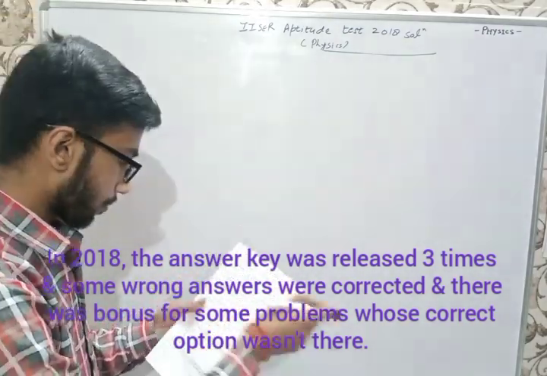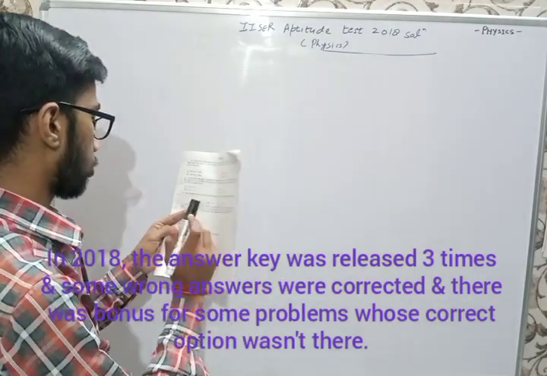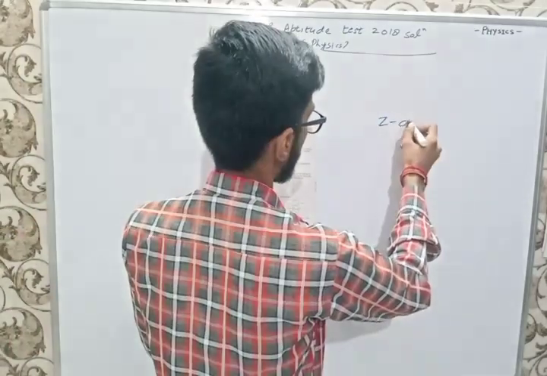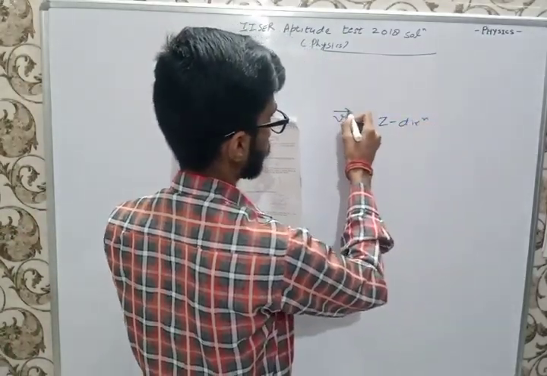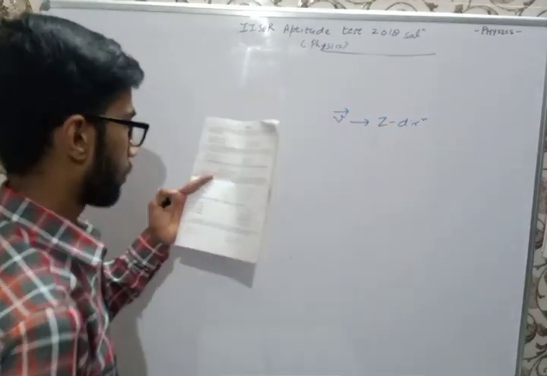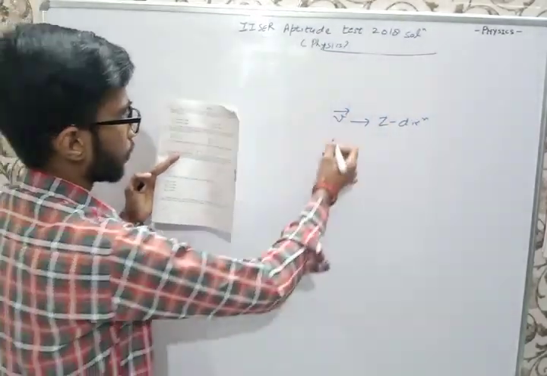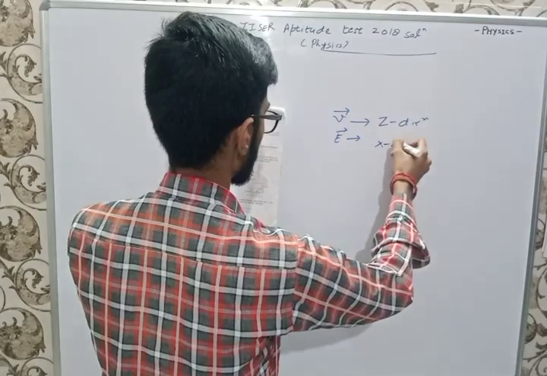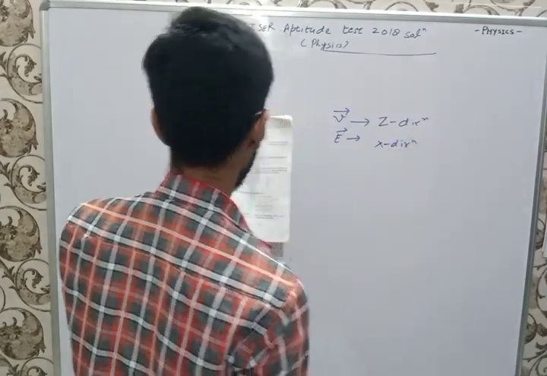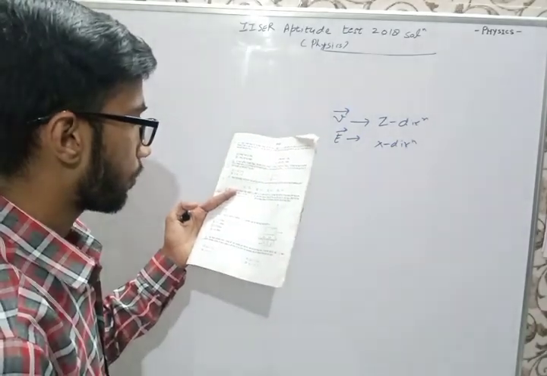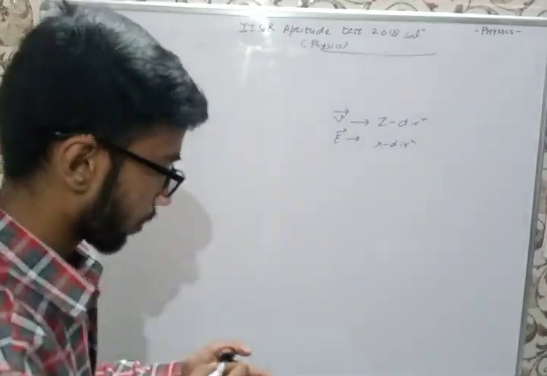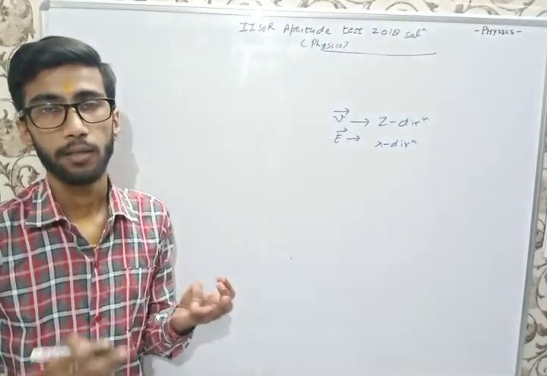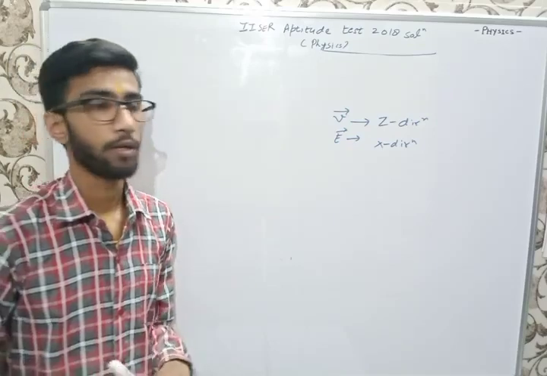Let me read the problem again. You have an electromagnetic wave which is moving towards the z direction, so the v vector is along the z direction, and the electric component of the wave is along the x direction. Then what will be the direction of the magnetic field? In an electromagnetic wave, the electric field, direction of propagation, and magnetic field are all mutually perpendicular.